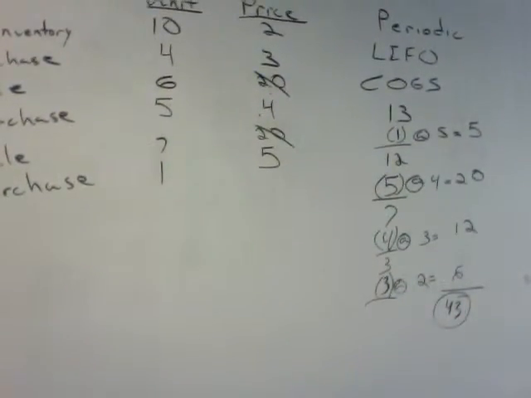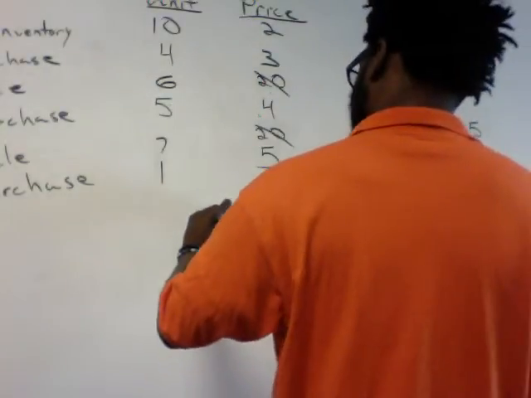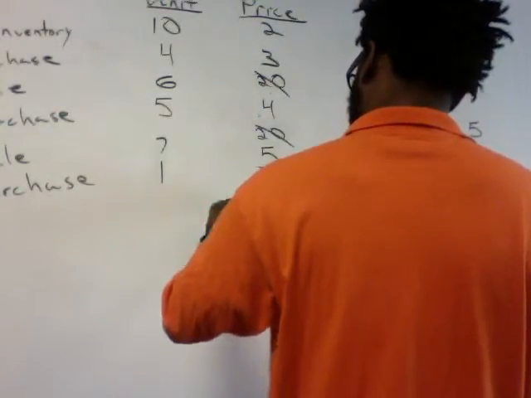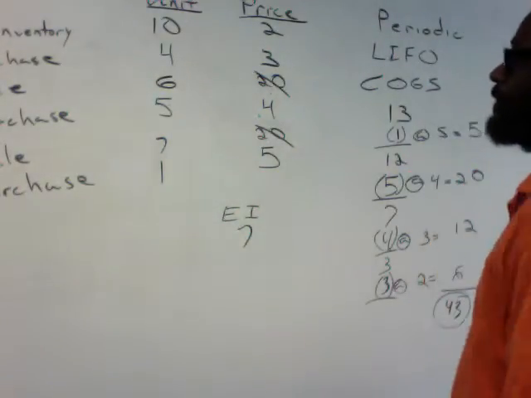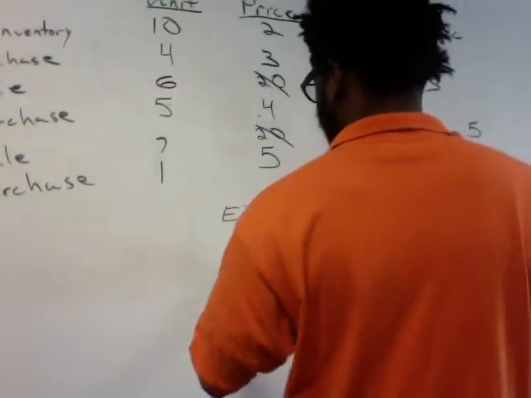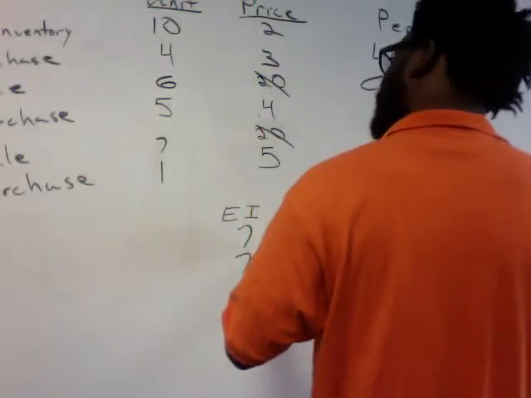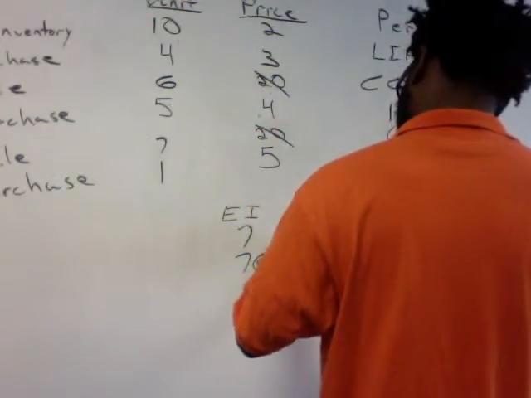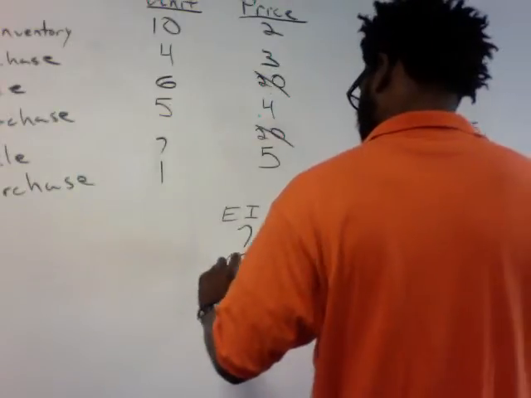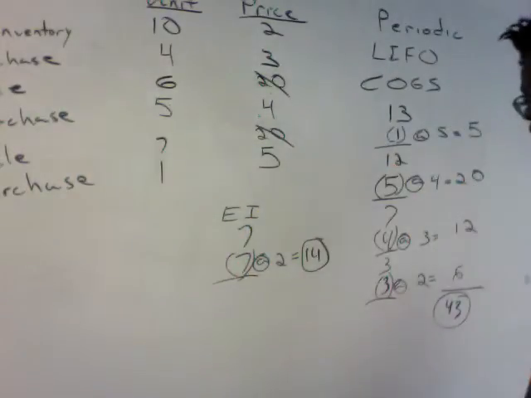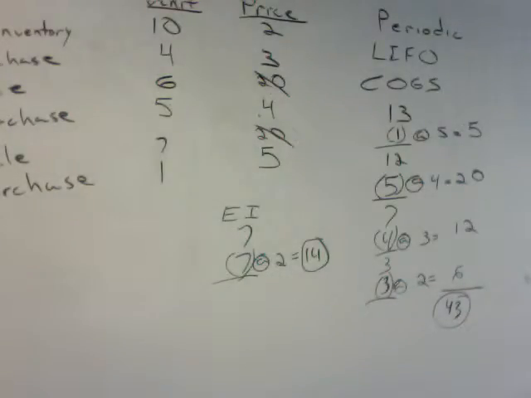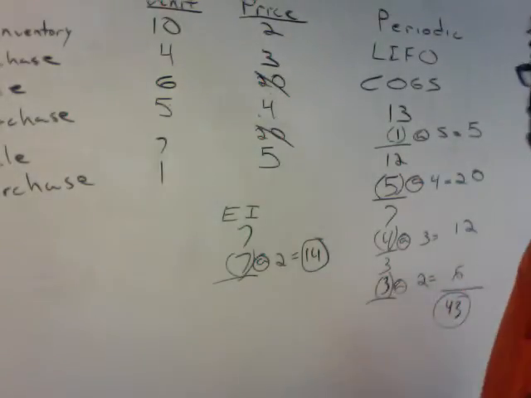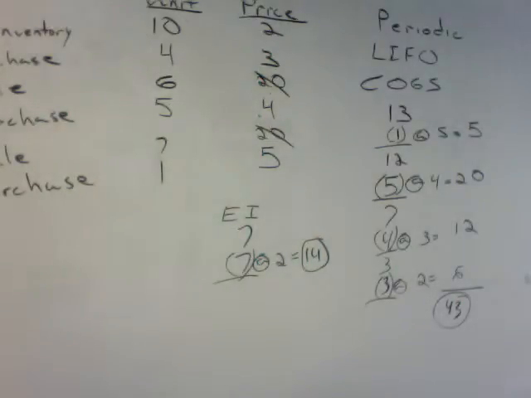And so if we wanted to calculate ending inventory, we would take the top-down approach, right? Because that's where the goods are going to sit at the top. And all we have left are the 7 units in the beginning inventory. All at $2. Piece of cake. So I can see why you guys may favor periodic, but you have to know both. This is the total cost of our ending inventory, $14. Okay.